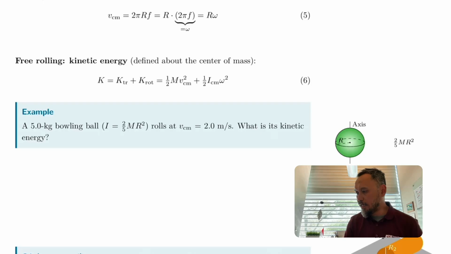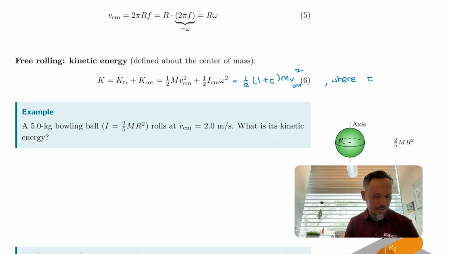So in the lecture notes, I further combine this expression here into 1/2 times (1 plus c) times m times v squared, where 1 plus c is the effective mass.